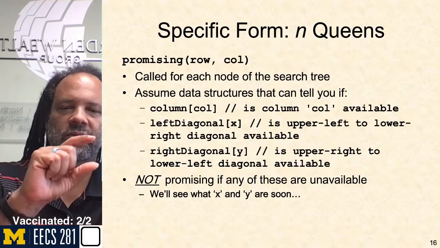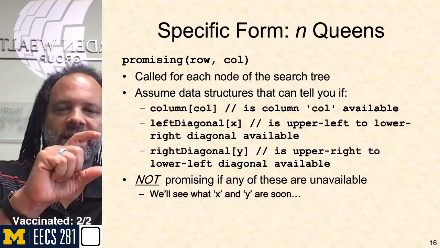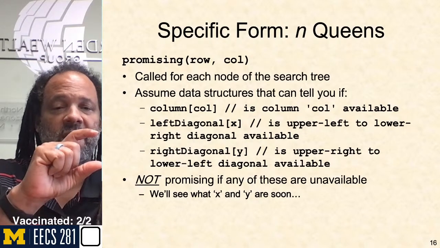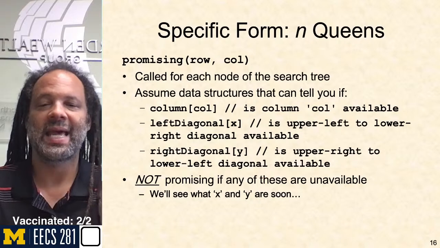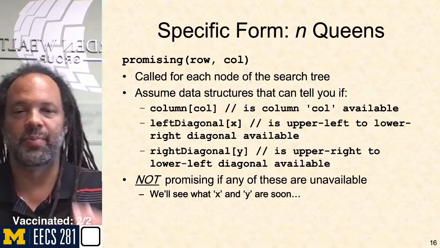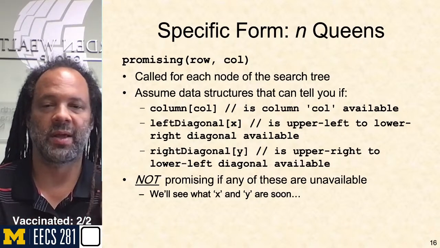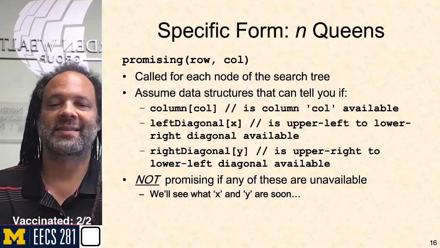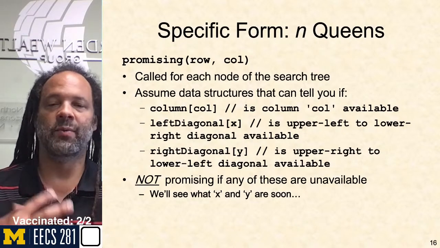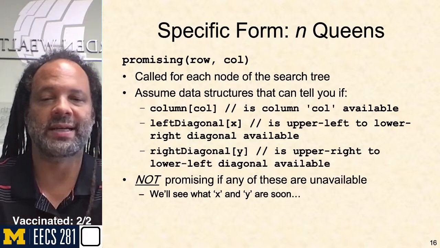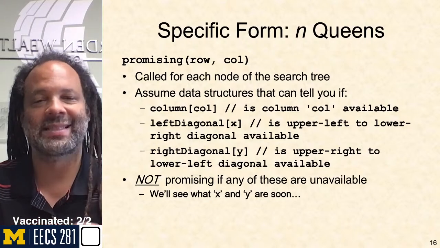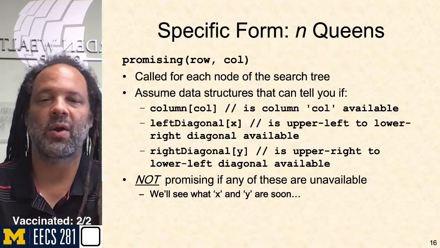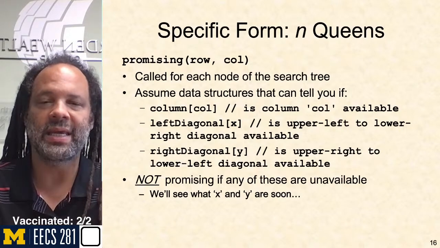Then I've got these other 2 1D vectors, another couple of bools, and they say, is that left diagonal you're trying to place in row col available, as no other thing is on that same diagonal as the incoming row col. And the same thing for right diagonal, right? And then the last thing I need is one more vector that holds my position in each row.